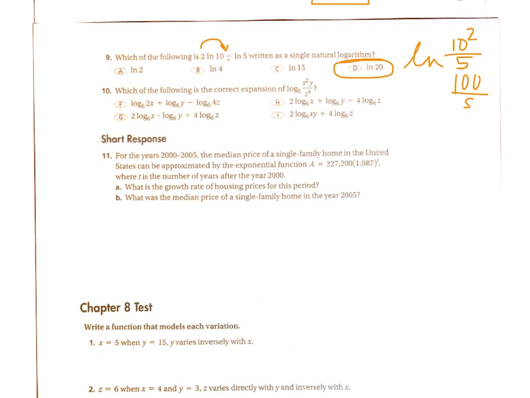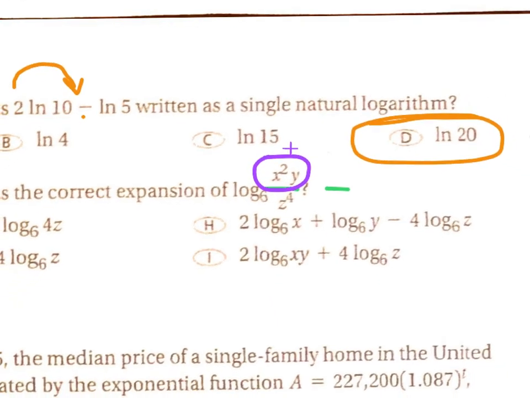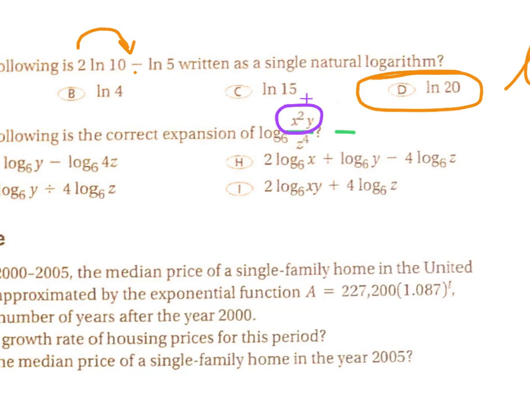This one, which of the following is the correct expansion? So now we're stretching it out. So remember, multiplication means addition and division means subtraction. So if we're dividing here, we're actually subtracting. And if we are multiplying here, okay, we're actually going to be adding. So when we look at this, this 2 is going to move out in front of our log.